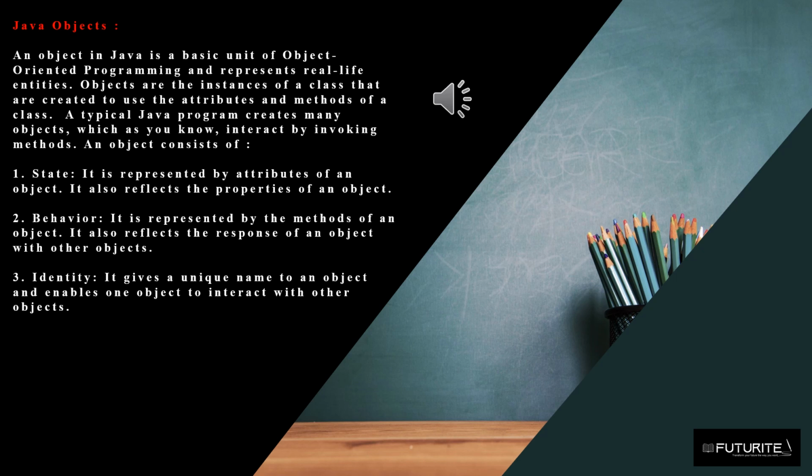Behavior is represented by the methods of an object. It also reflects the response of an object with other objects, which means when an object invokes a method of a class, how the object responds after the method gets executed. That is the behavior of an object. Identity gives a unique name to an object and enables one object to interact with other objects.